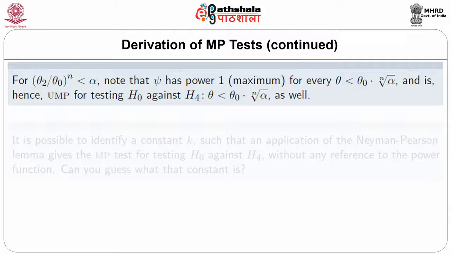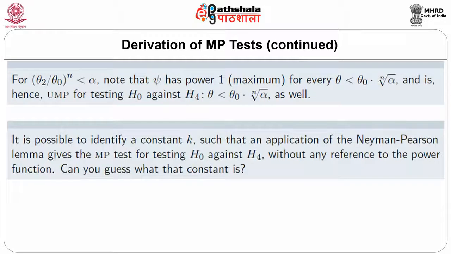Now, for theta 2 with theta 2 by theta naught to the power n less than alpha, we have already shown that the power of psi is 1 for every theta less than theta naught alpha to the power 1 by n. So, here theta 2 is less than theta naught alpha to the power 1 by n. We have already considered the case where theta 2 lies between theta naught alpha to the power 1 by n and theta naught, but for theta 2 less than theta naught alpha to the power 1 by n, the power is 1.